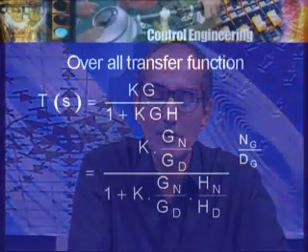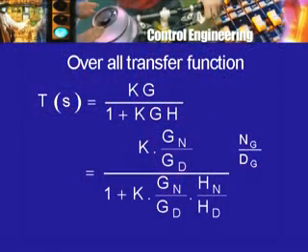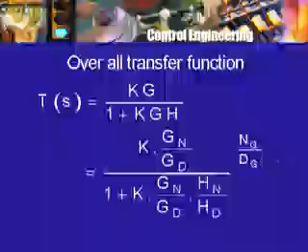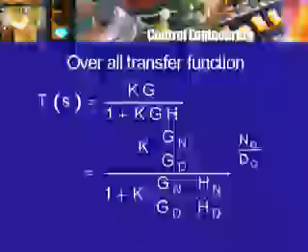So, we wrote it as Gn divided by Gd. Gn is the numerator of G, Gd is the denominator of G. I could have written, of course, Ng, the numerator of G, and Dg, the denominator of G. Some books use the opposite symbolism, but just keep in mind that G is the transfer function, N for numerator.